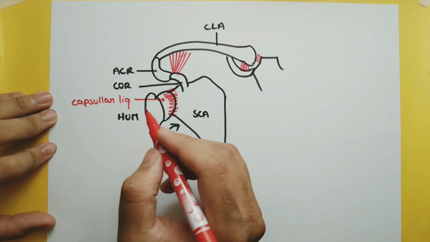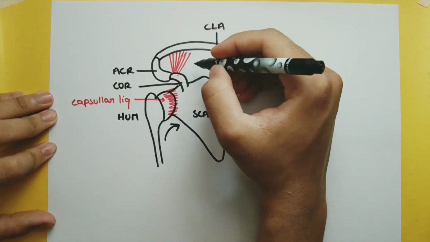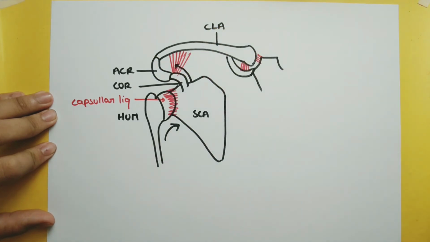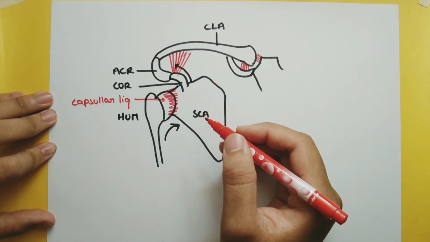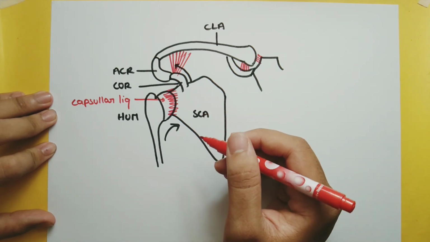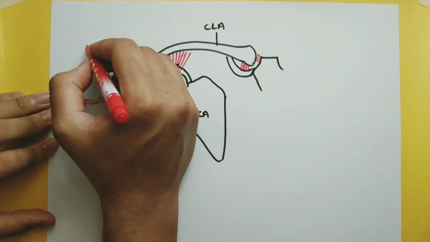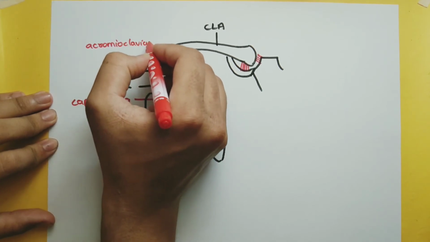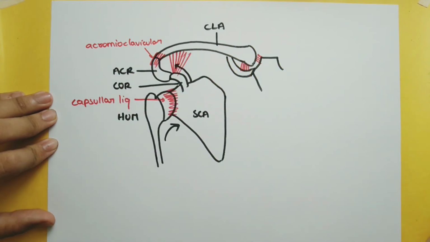And then from the scapula to the clavicle, that is the acromion to the clavicle, the ligaments are the acromioclavicular ligaments.